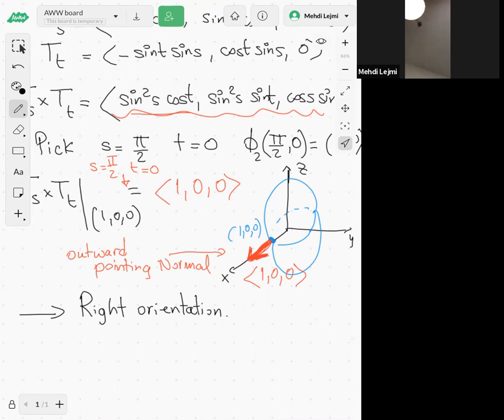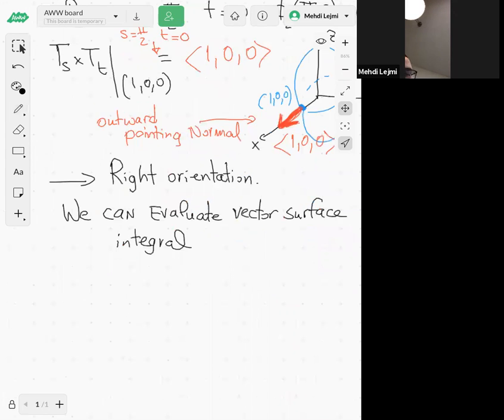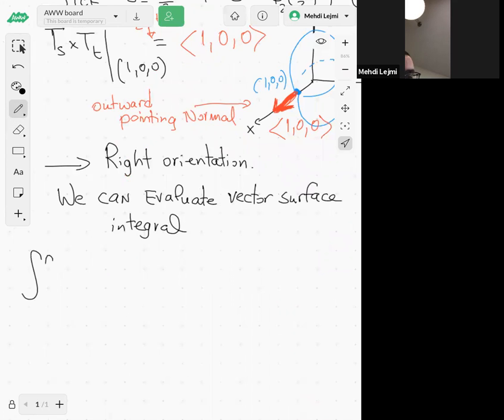And now we can evaluate our vector surface integral. So that will be the double integral of F along this sphere.